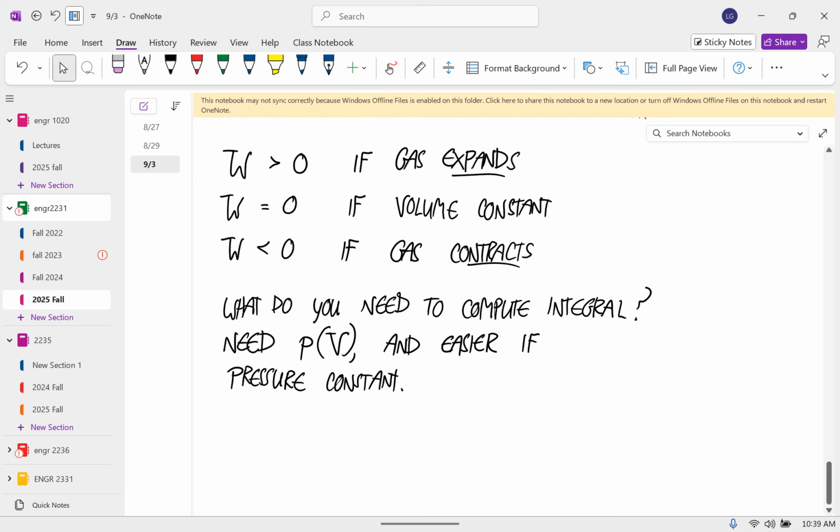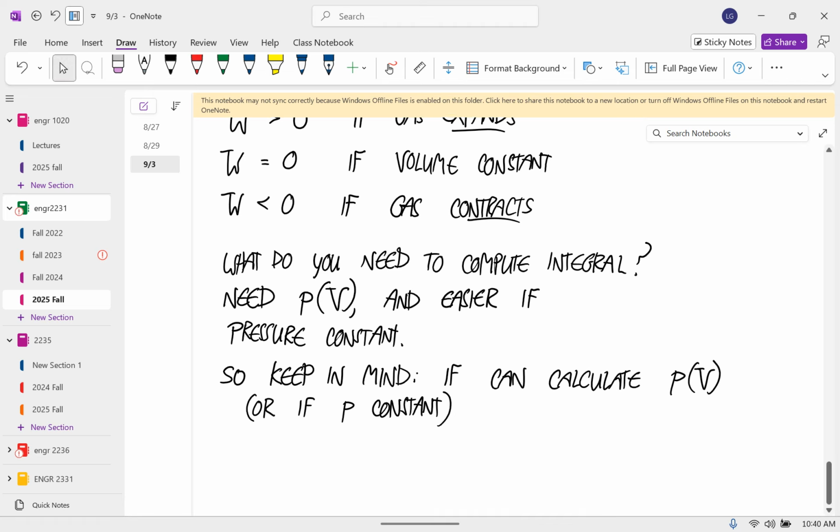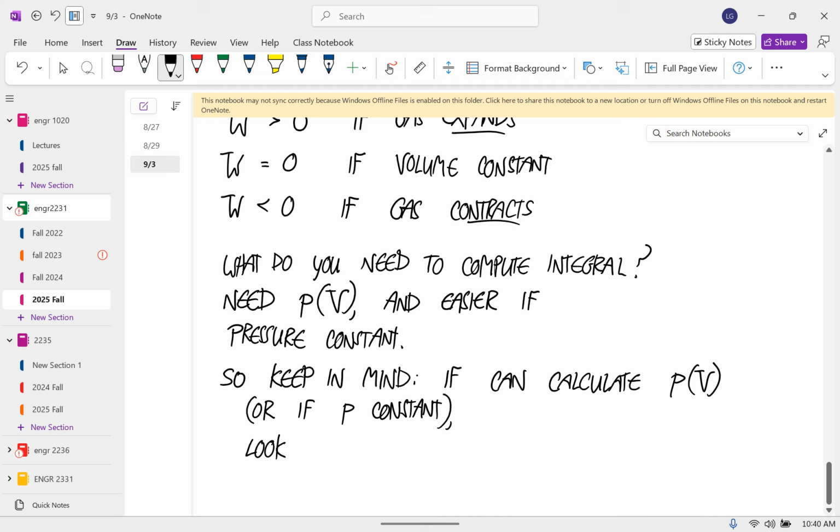This is just advice, keep this in mind. If you can calculate P as a function of volume, or if the pressure is constant, look for ways to calculate the work of expansion.